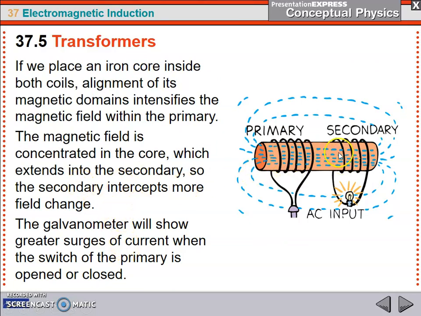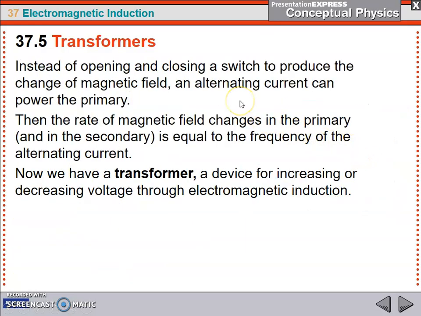So we add the iron to make the magnetic field as strong as it can be. And this is where we make it useful to us in the everyday world. Instead of opening and closing a switch to produce the change of magnetic field, we just use an alternating current to power the primary coil.